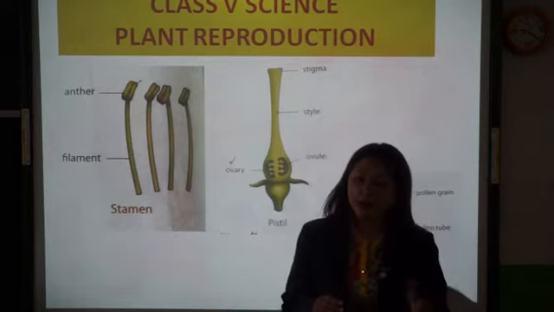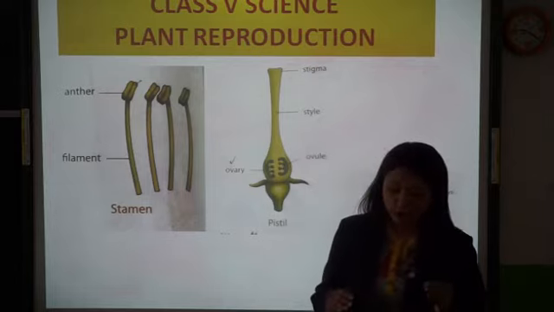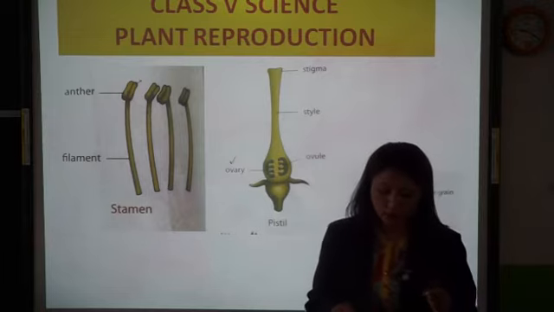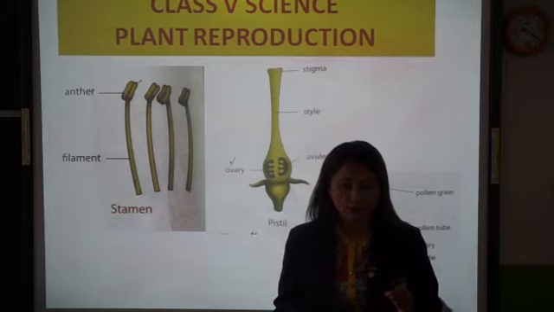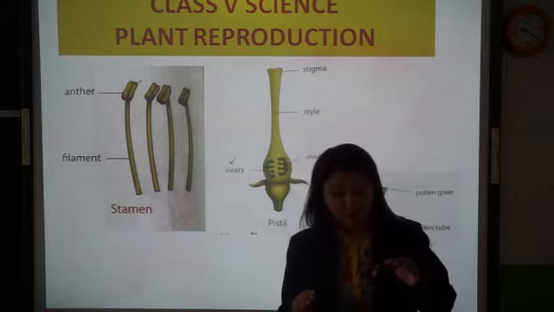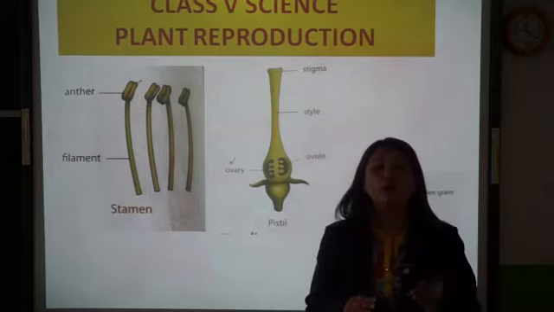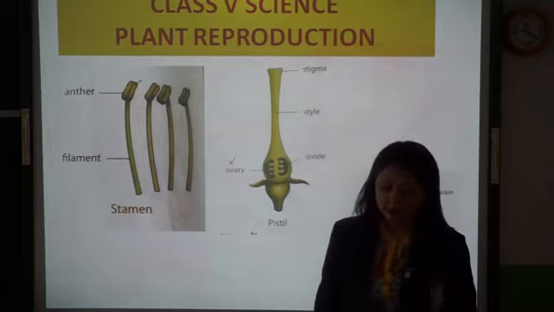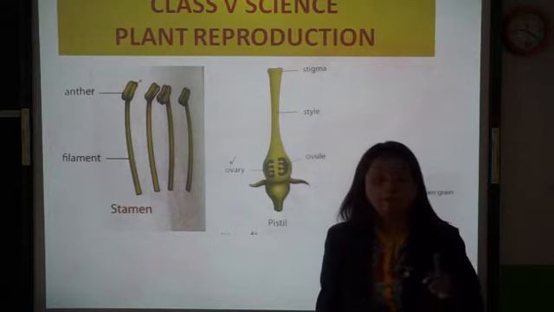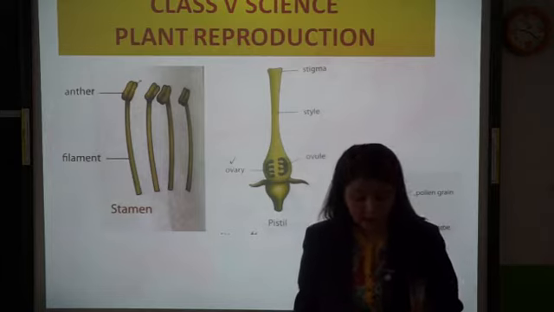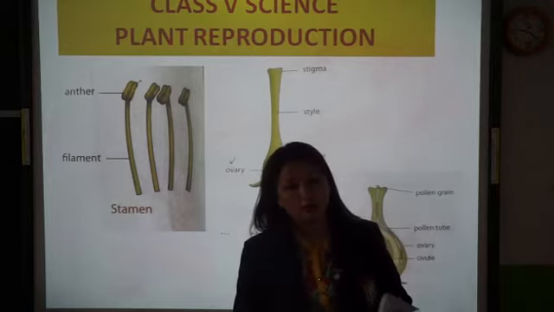The zygote divides to form a multicellular structure called embryo. Then embryo develops into a new individual. So, in plants, embryo forms as a result of sexual reproduction.